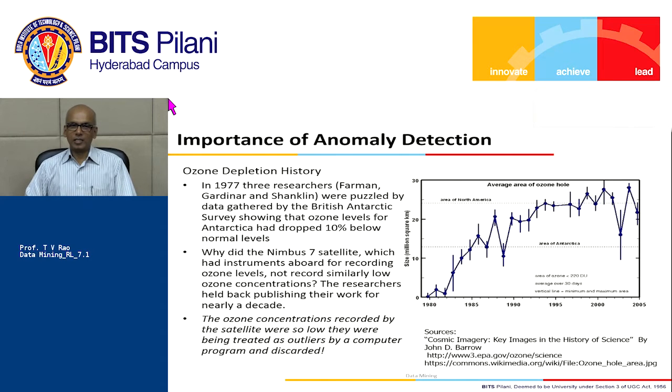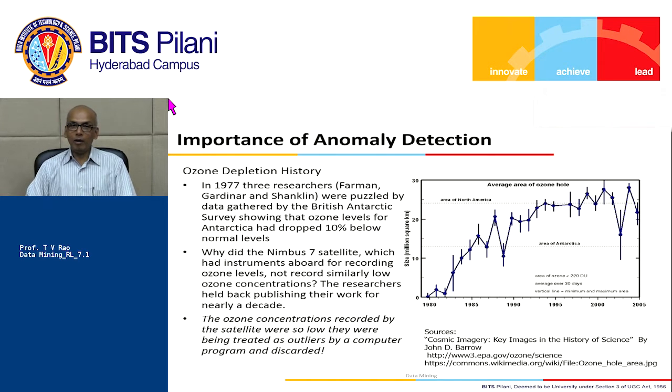So if we look at why we should study anomaly detection, this is an interesting story. As you can see, one of the big concerns that people have with respect to the environmental challenges is the ozone layer depletion. And interestingly, way back in 1970 itself, some British scientists noticed that the ozone levels at Antarctica are dropping significantly.